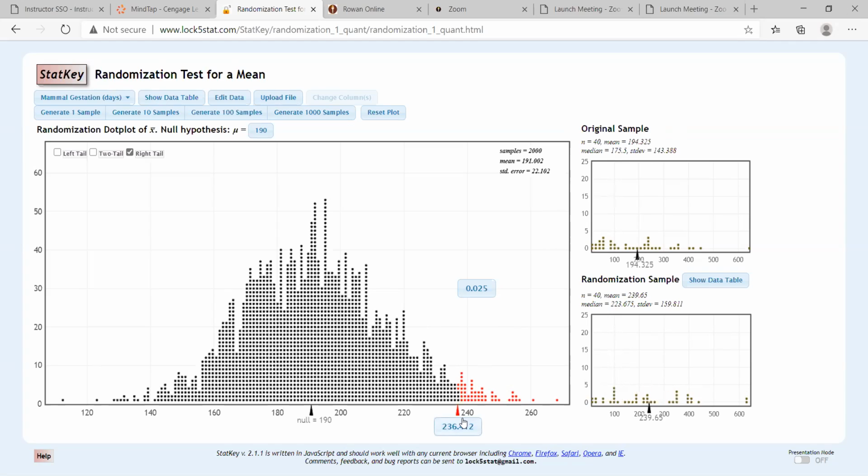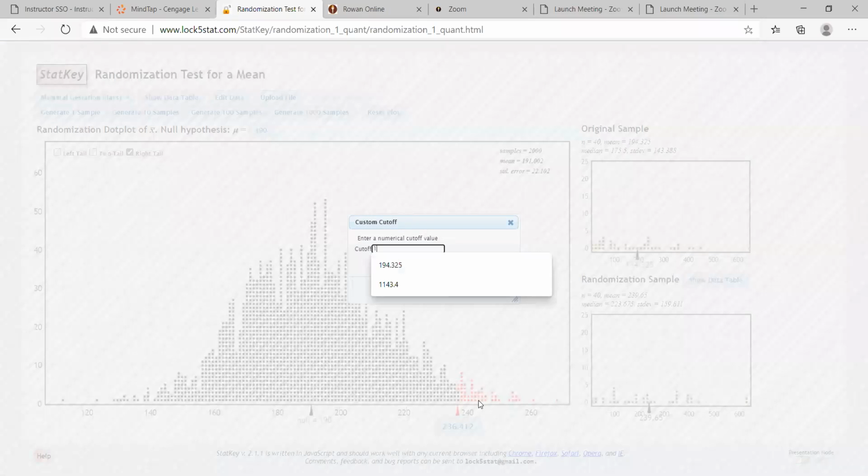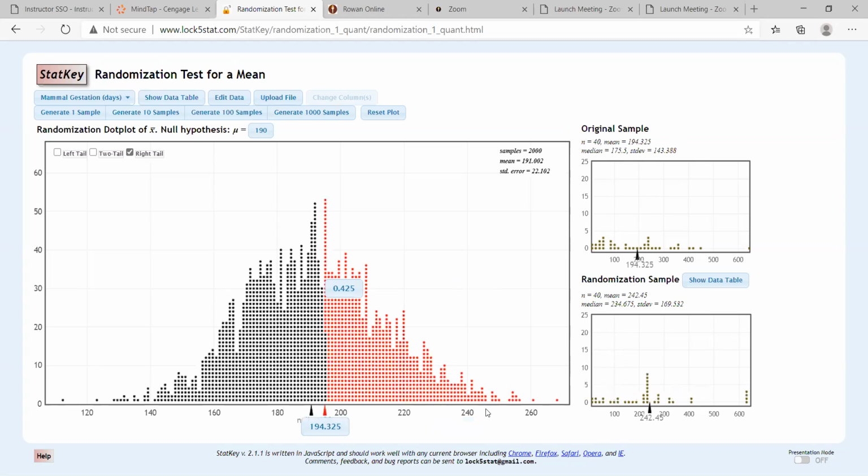If we click this box down here and plot that 194.325, it's plotted right over here, pretty close to 190. Notice that the area to the right is now 0.425. That proportion of the 2,000 samples is 0.425.